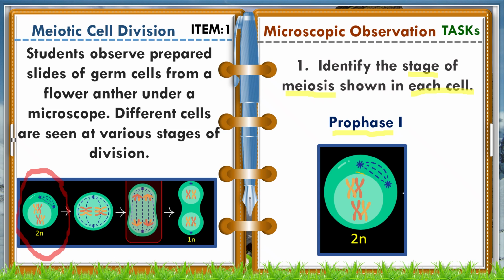We have this pair and we have this pair. But there are supposed to be a total of 23 pairs of homologous chromosomes. Because the space is very small, the 23 are represented by 2 pairs of homologous chromosomes. And it is a diploid, 2N, prophase 1.